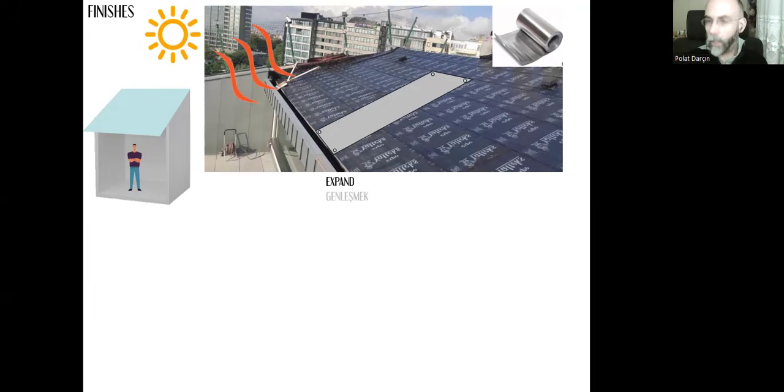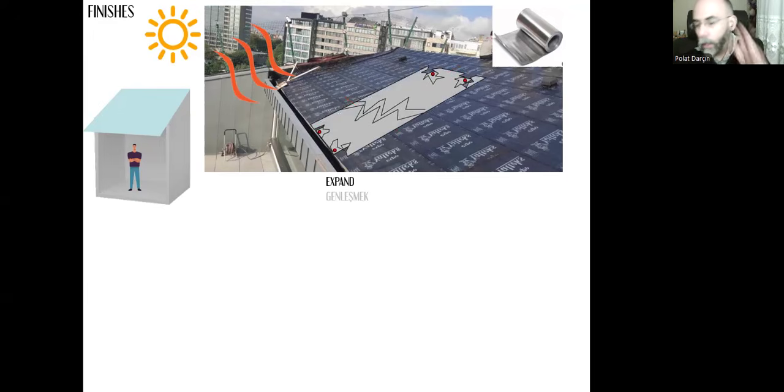And if we fix these sheets, the expansion cannot happen. And because of this change in the dimensions, it will cause the sheets to be broken into pieces, to be torn. And that's something that we need to avoid.